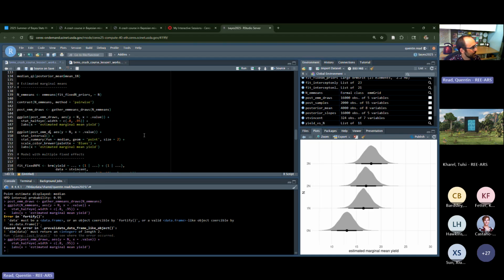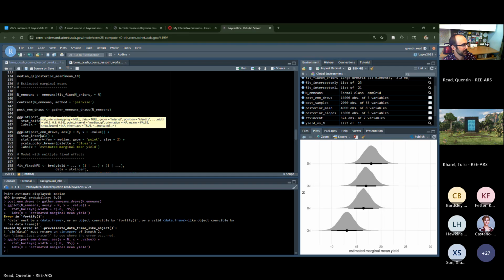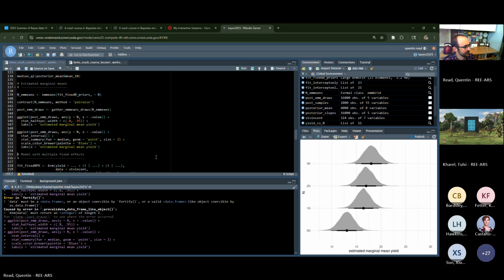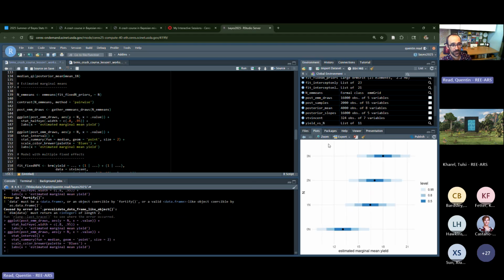If we want to do post EMM draws, we're going to use the stat interval to make the different credible intervals, and the stat summary to make the median point in the middle of the interval. So this is showing the exact same posterior estimates, but instead of the bell curve, it's summarizing it with different credible intervals, the 50, 80, and 95.